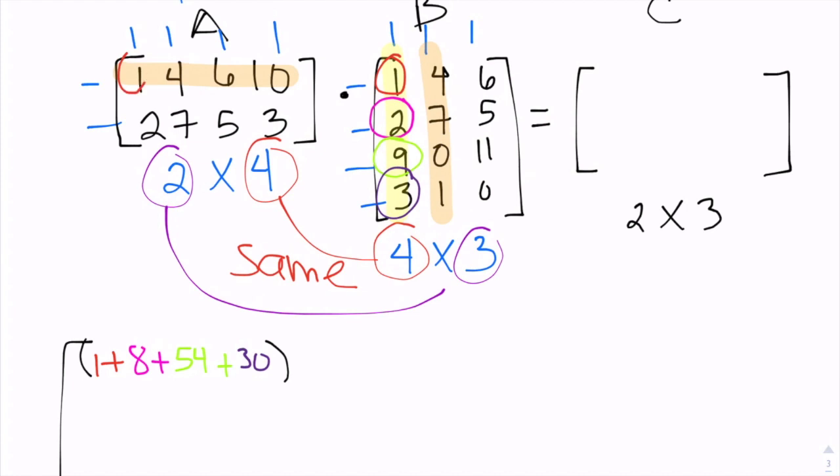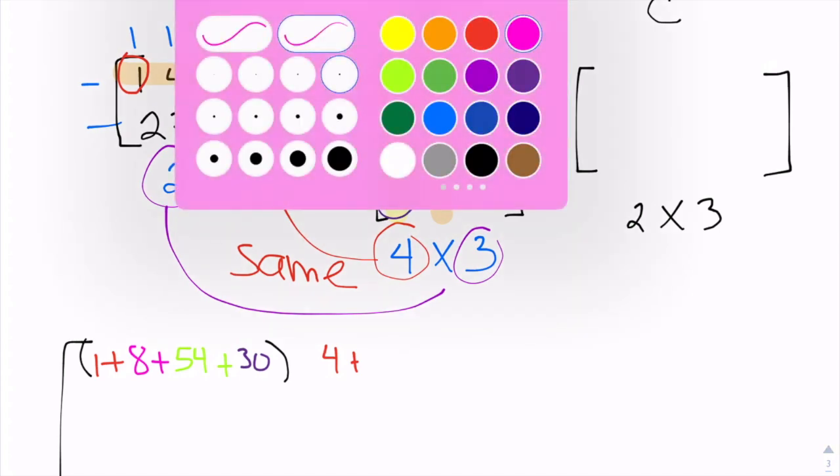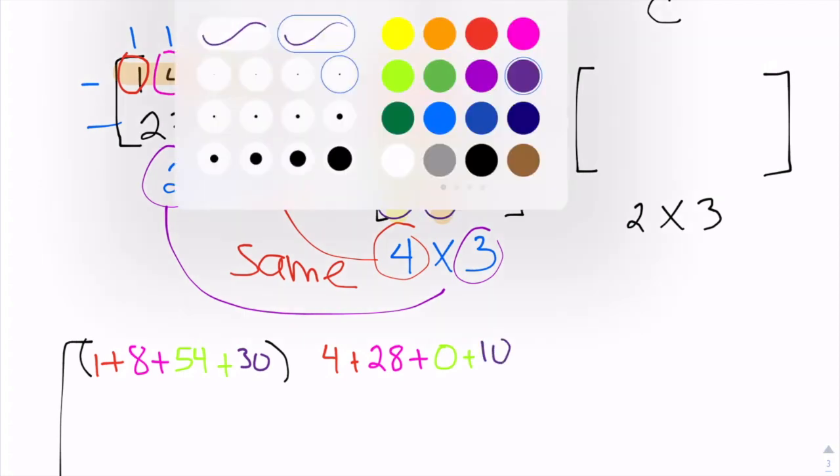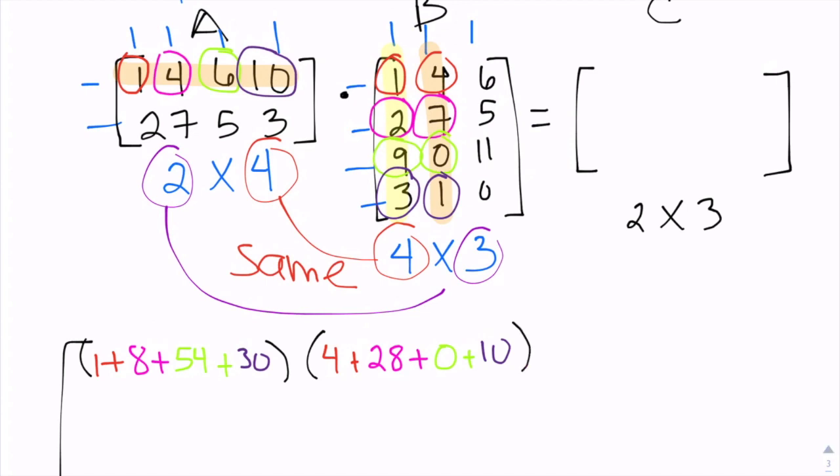We're going to do 1 times 4, which would be 4, plus 4 times 7, which would be 28, plus 6 times 0, which would be 0, plus 10 times 1, which would be 10. And again, I'm going to put parentheses around that so I know it's all the same element.